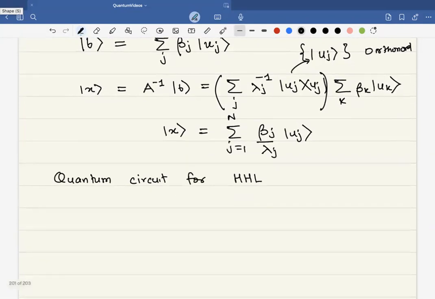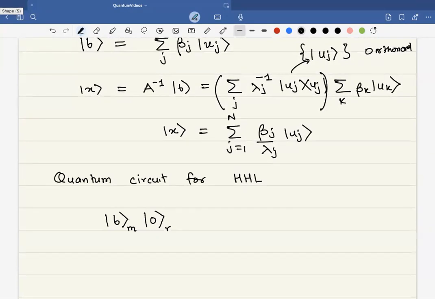The initial part is that we'll have a register that stores our vector B. So let's write the initial state as ket B, and let me call this the memory register. And then our other register has ket 0. So let's assume that we have this initial state.